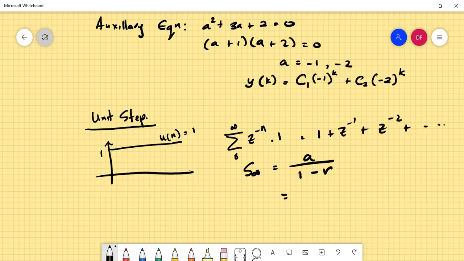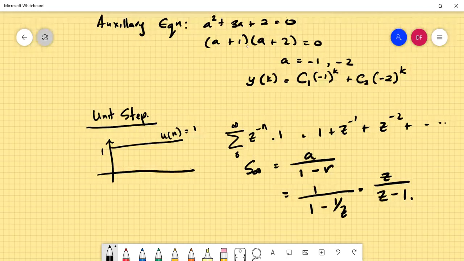A is 1 and r is 1 over z, but I multiply through so that I get z over z minus 1. All right, so this result I need you to bear in mind.